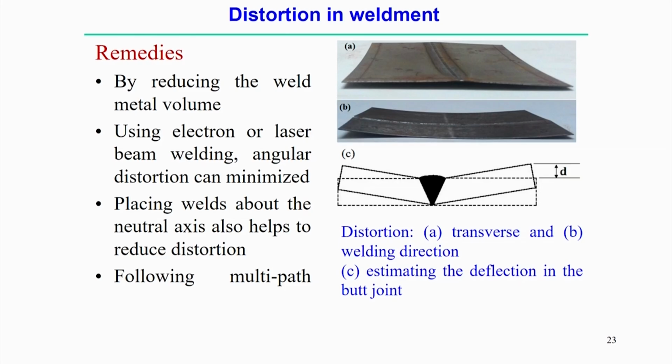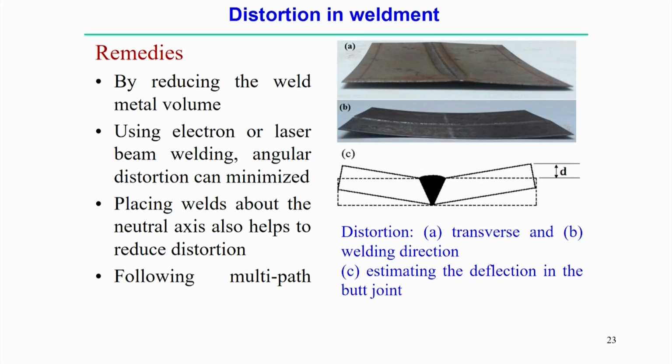So, in this case it is wise to measure the distortion not in terms of the angular distortion, since a more accurate measurement can be done if we locate several points on the weld and measure the different points, so that we can measure the distribution of the distortion throughout the whole structure.